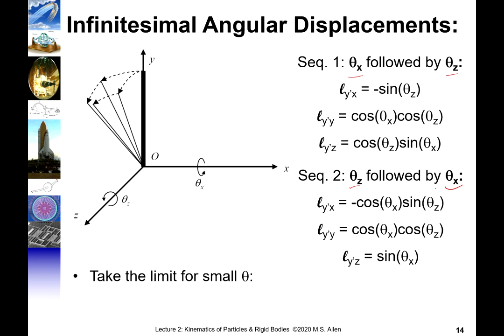Fortunately, though, when we go to derivatives, we're talking about small or infinitesimal displacements. And if we have an infinitesimal displacement, then we can replace any sine theta functions with just theta, the first term in a Taylor series expansion, and we can replace any cosine theta functions with just 1.